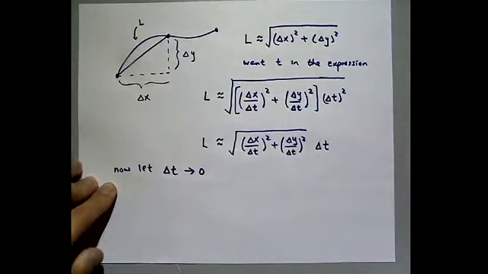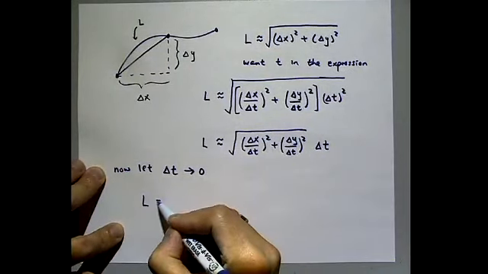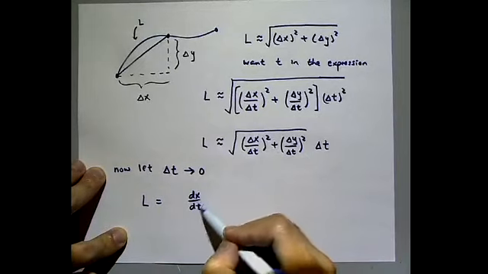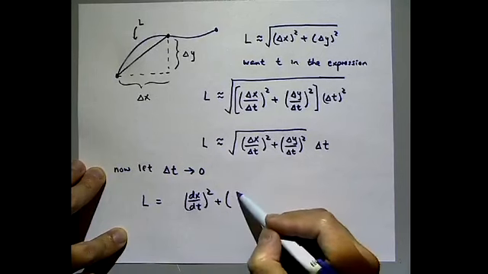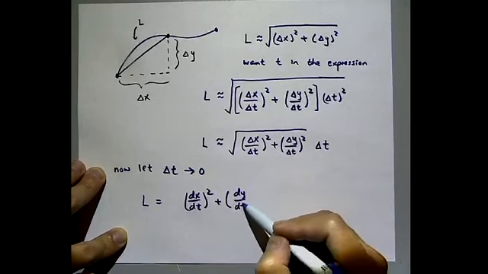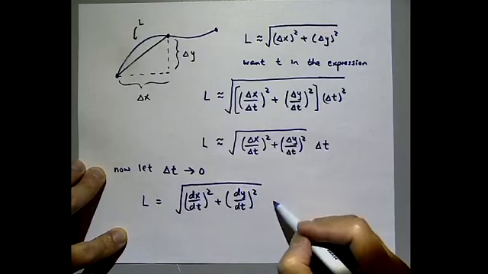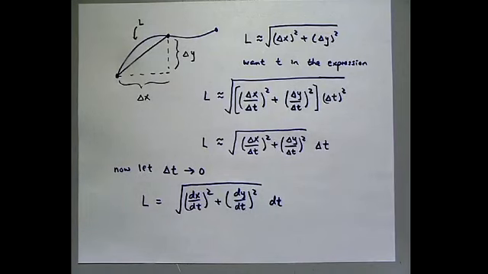And in the limiting case, it becomes exact. So this becomes dx/dt. That becomes dy/dt. And delta t becomes dt.